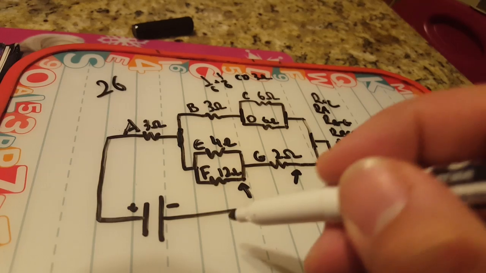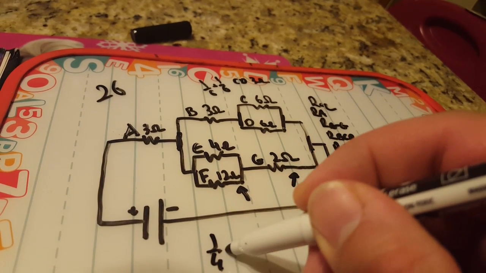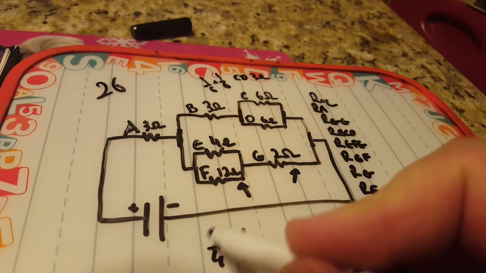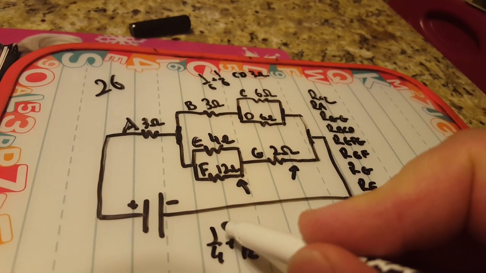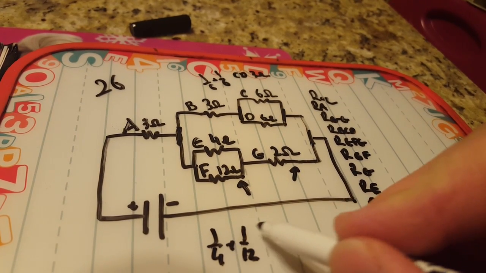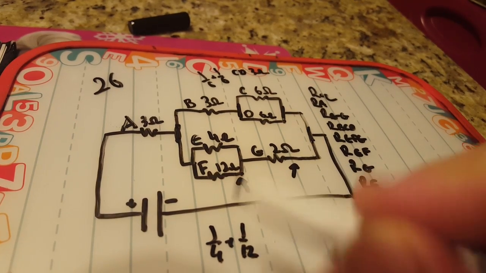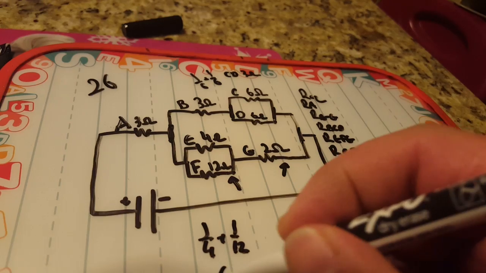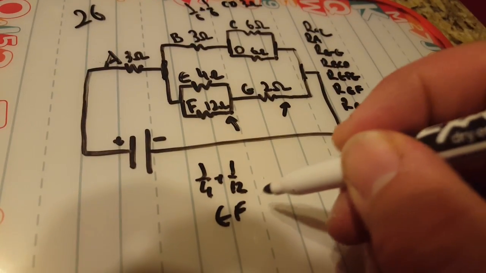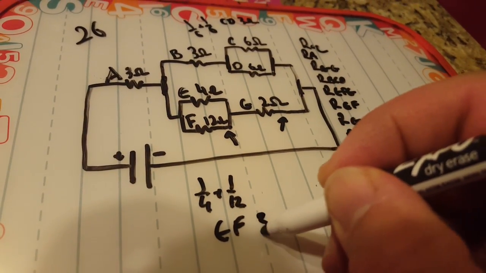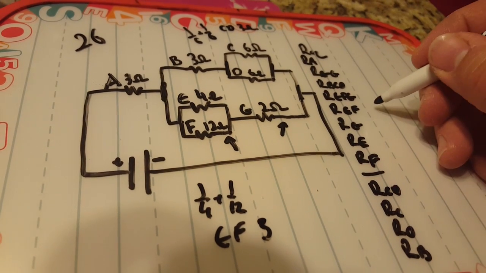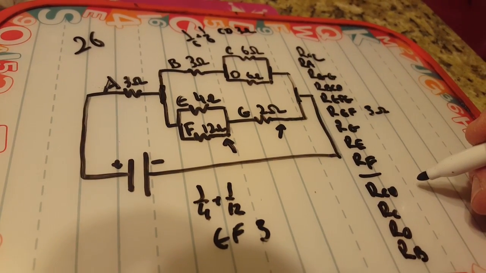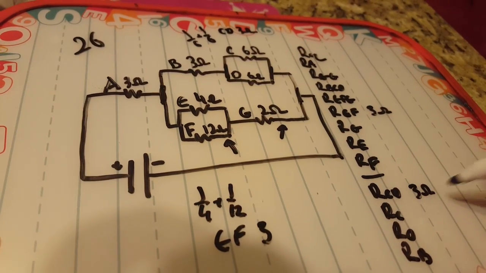Down here, you're going to have 1 over 4 and 1 over 12. If you put that in twelfths, this one would be 3/12, and 3/12 plus 1/12 gives you 4/12. Take the reciprocal, you get 12/4, which means E and F is 3 ohms. So E and F is 3 ohms, C and D is 3 ohms.